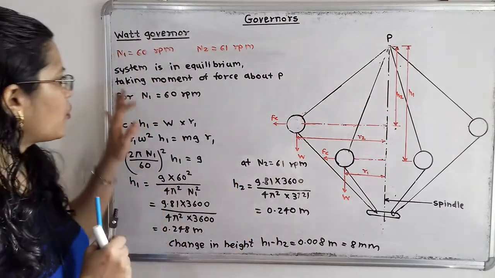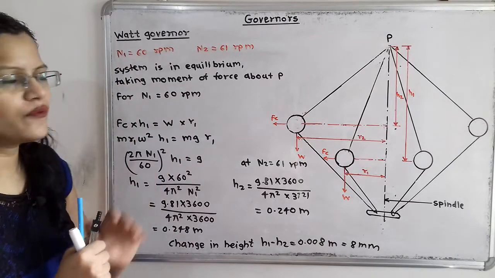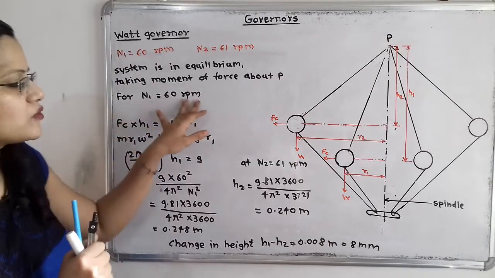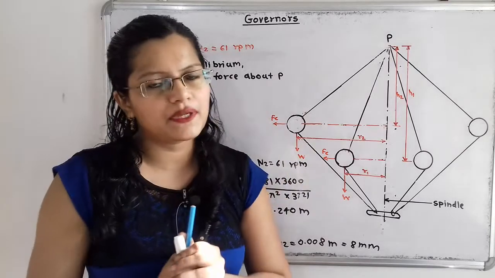Now we take the moment of force about point P, for the system rotating at n1, the minimum speed.